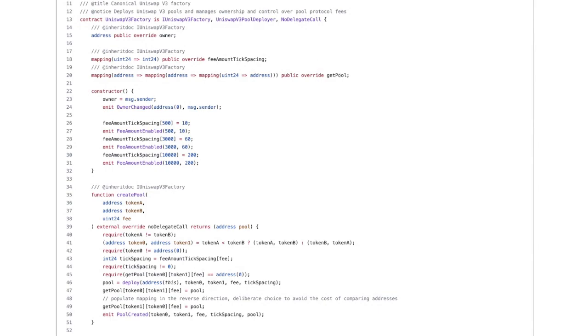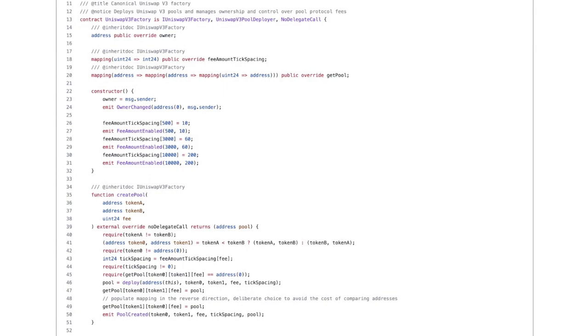Then that would return an address where your pool is deployed. What this requires is checking that it returns address 0, which means that pool or pair has not been deployed yet. Because if it wasn't address 0, then there's something deployed there, and then you can just access that pool instead. Exactly, it doesn't need to be created again.